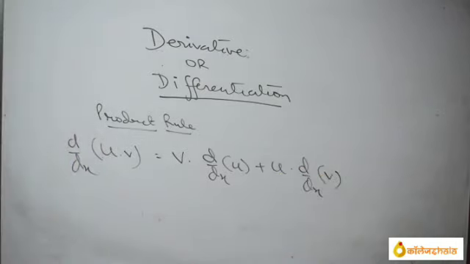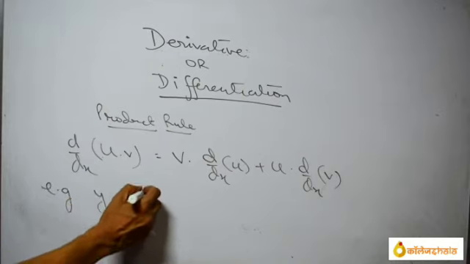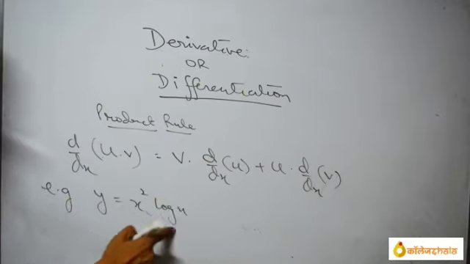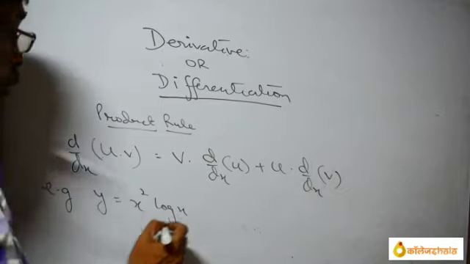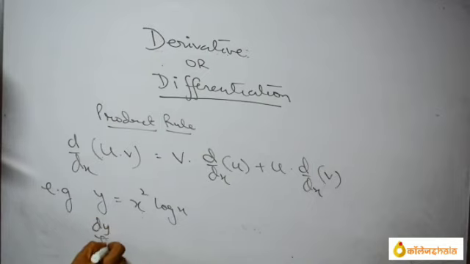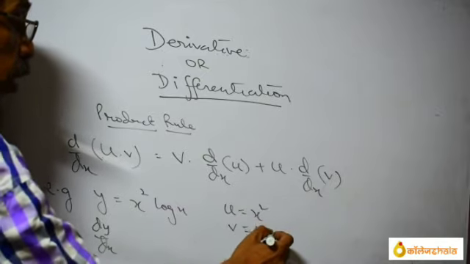Product rule will be applicable when we have some product in the function. An example: if y is x square log x and we want to find dy/dx. The result will be, it is uv, this u is x square and v is log x.